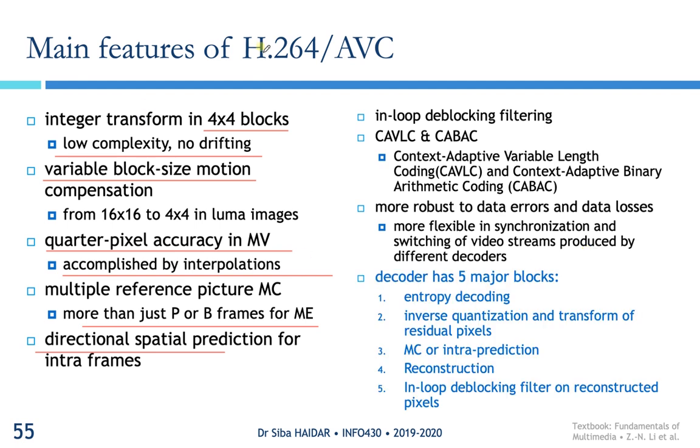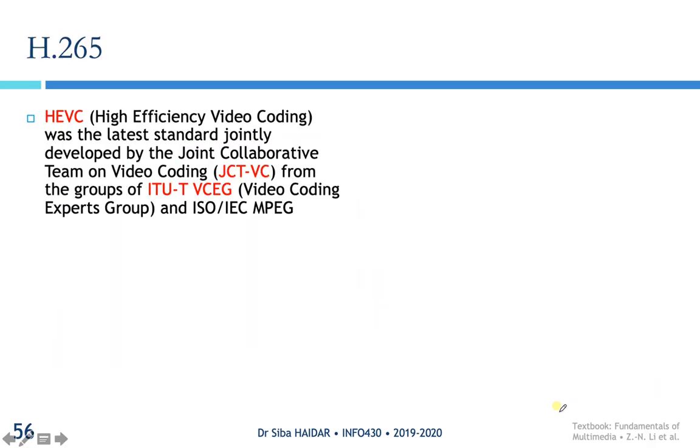The decoder in H.264 has 5 major blocks. We already cited them: the entropy decoder, the inverse quantization and transform, the motion compensation or intra-prediction, the reconstructor, and the in-loop deblocking filter on reconstructed pixels.